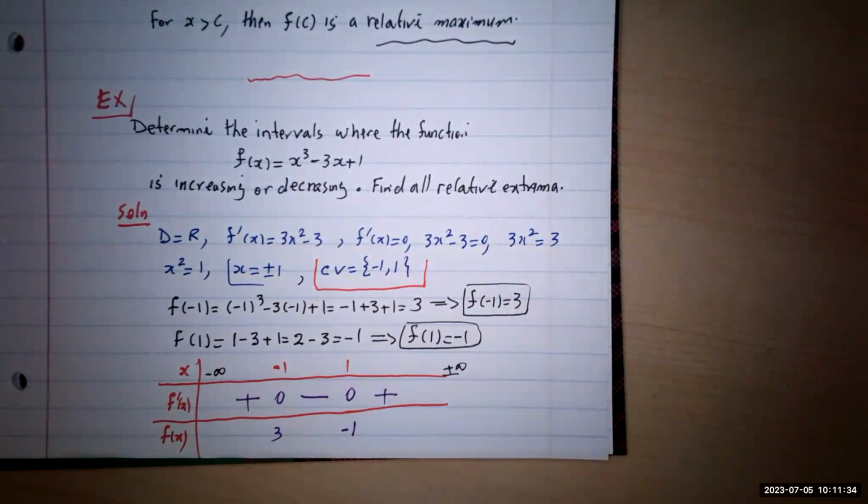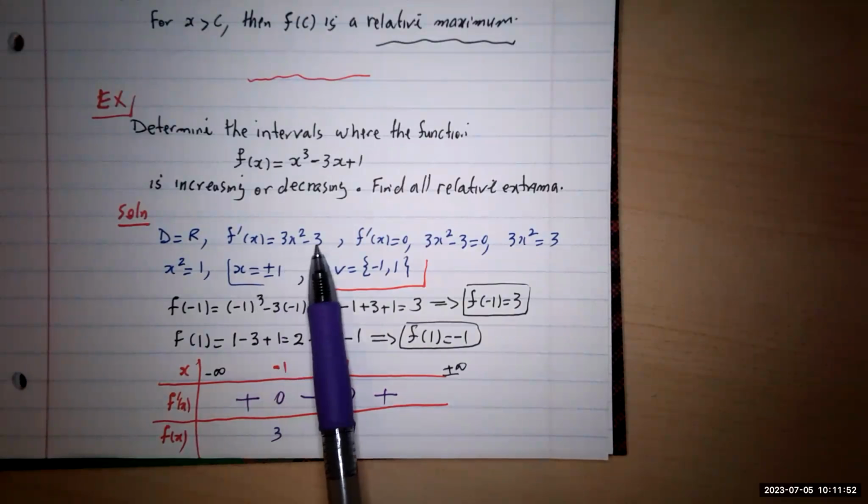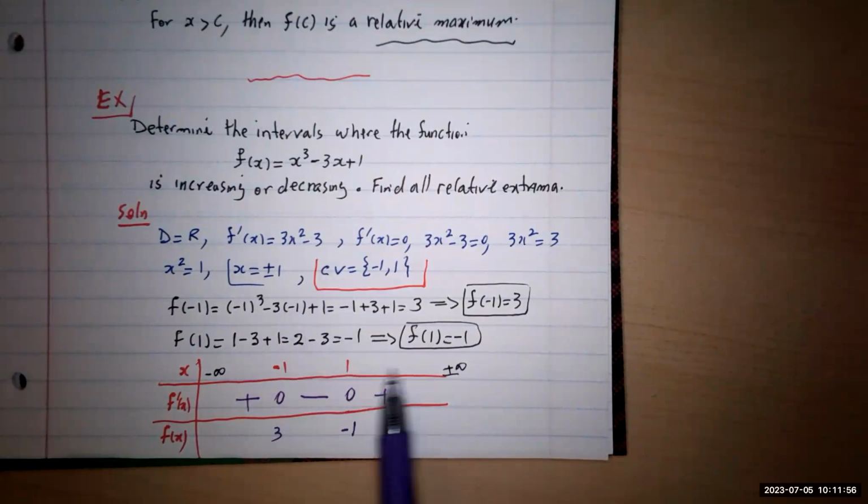Now, if it is not quadratic, as you did in algebra, in each part, 1, 2, 3, you have to pick a number. We call it testing numbers. You pick a number, for example, between -1 and 1, we can pick 0. If you put 0 into f prime, that gives you 0 minus 3, which is -3. That is negative, so in this interval f prime is negative. We pick numbers like this for trigonometric or exponential functions.